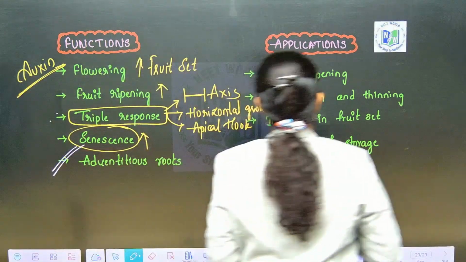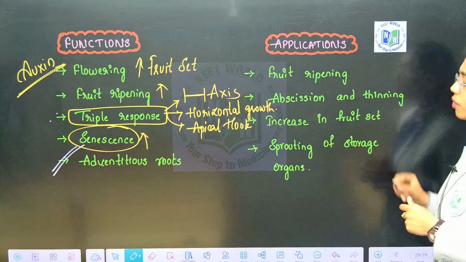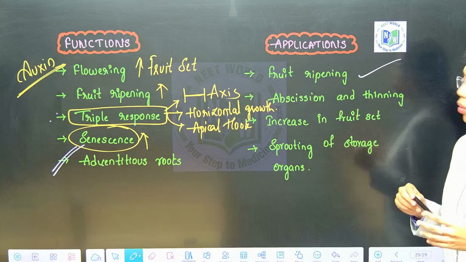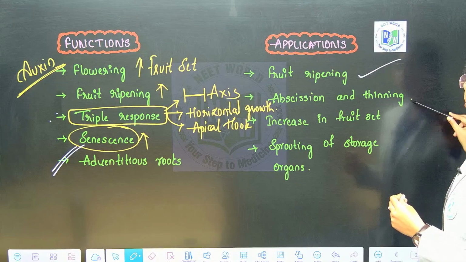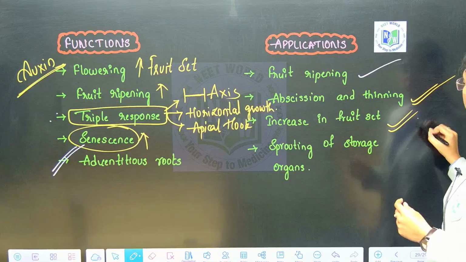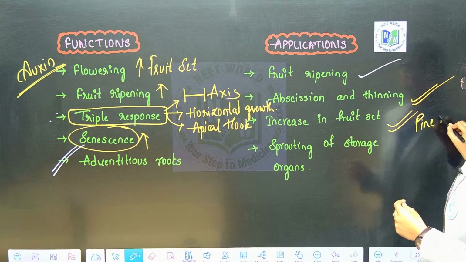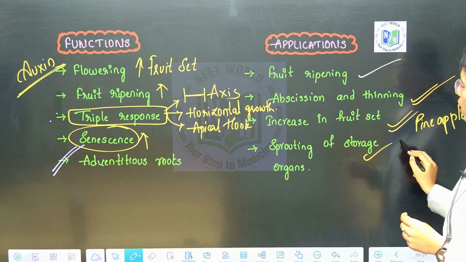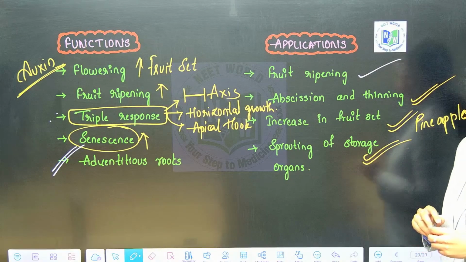In applications, of course, we use ethylene as ethephon for fruit ripening, abscission and thinning of fruits, and increase in fruit set, especially observed in pineapples, and sprouting of storage organs is also observed.